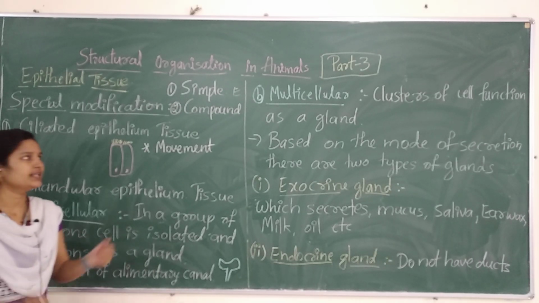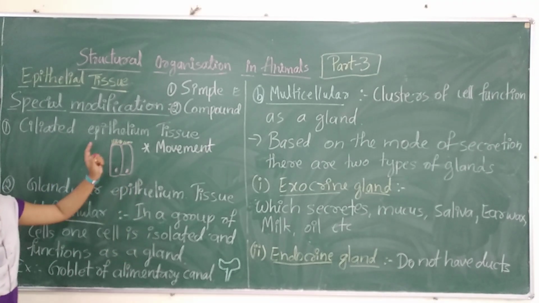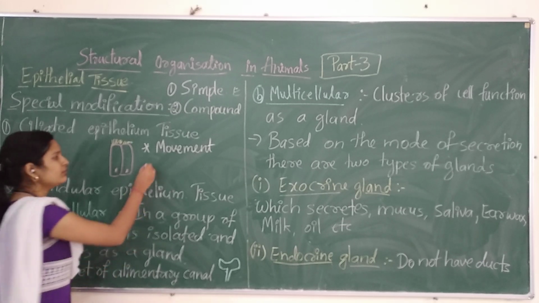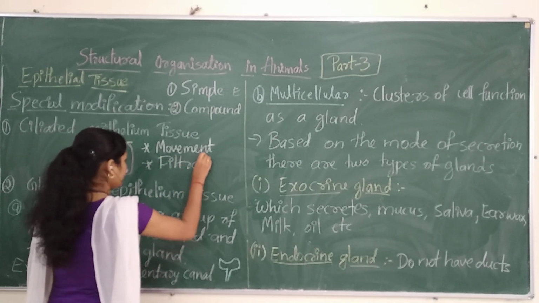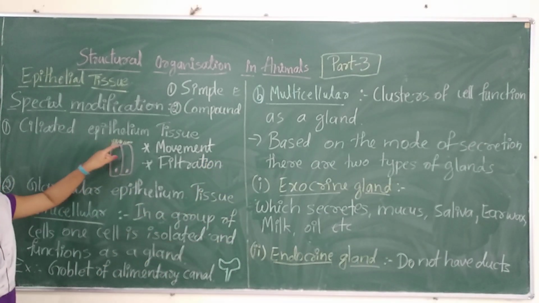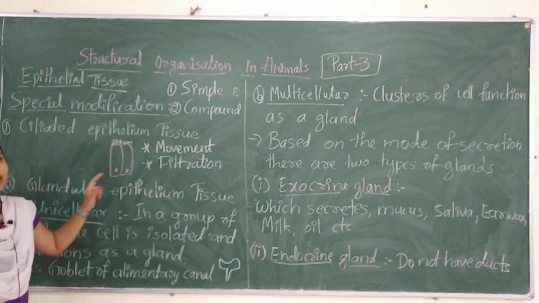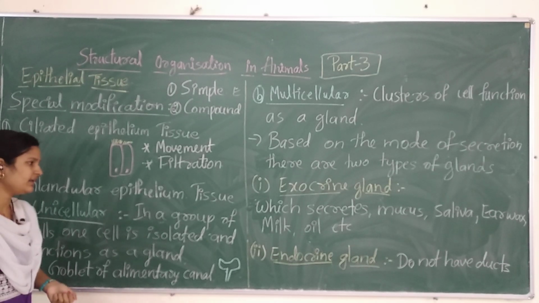For that movement there is a presence of ciliated epithelial tissue, and the main function is movement and also filtration. For the filtration purpose also, ciliated epithelial tissues are important. Next we will study the glandular epithelial tissue.